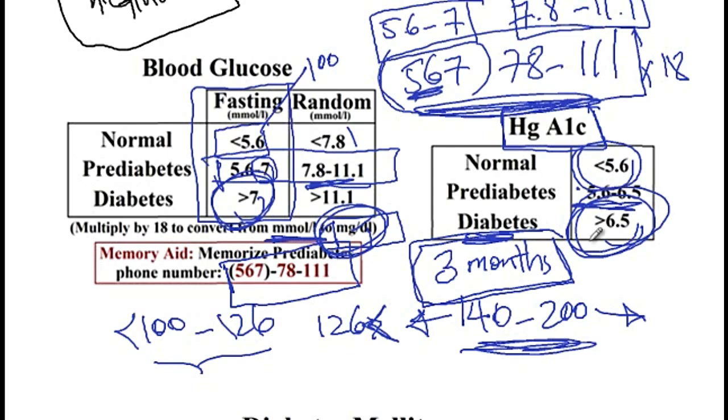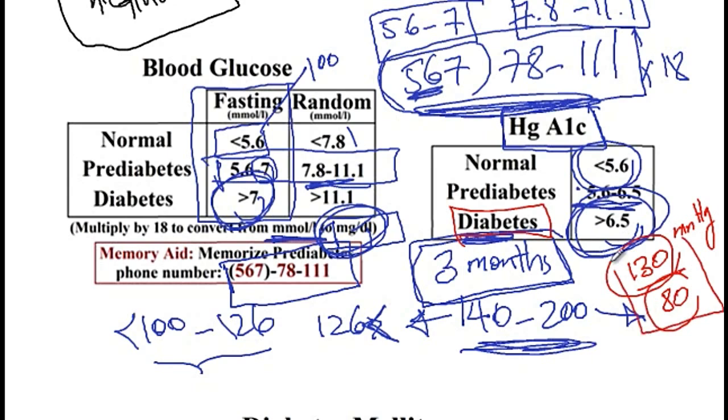Now speaking of sugar control, I would also like to remind you that for diabetic patients, the goal for blood pressure is less than 130 over 80 millimeters of mercury. So 130 systolic and 80 diastolic. That would be the goal of blood pressure for patients that have diabetes.